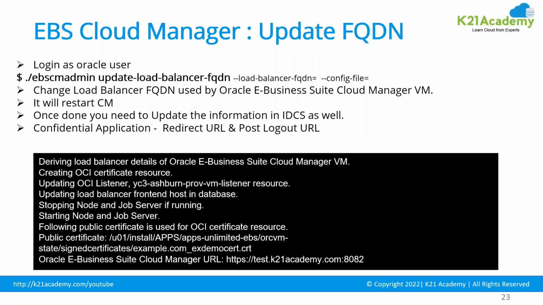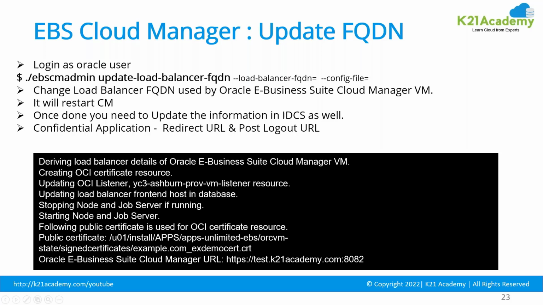Okay. Now, if you have seen my cloud manager URL, which has come, it is basically having the IP address, which is not generally a good practice to access any instance using the IP address. So you want to hide that IP address and want to have a load balancer fully qualified domain name, so that I can access that with my domain name.